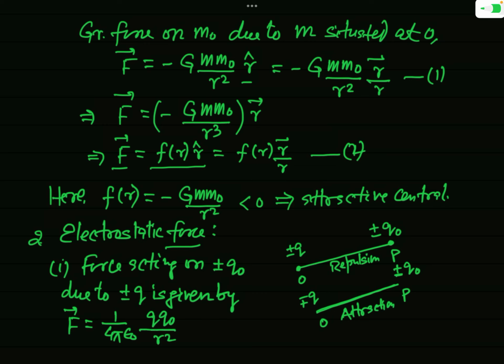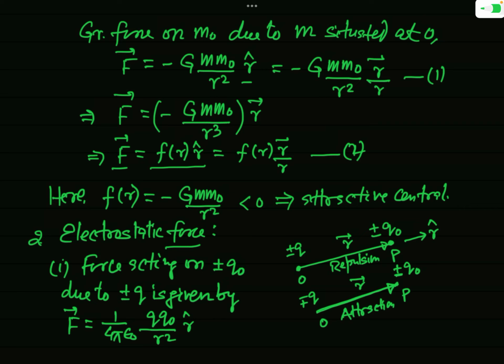r square. Here again you can say that this r is the position vector of point P with respect to O, and times r hat. R hat is the unit vector in the direction of this radial vector r, or position vector r.